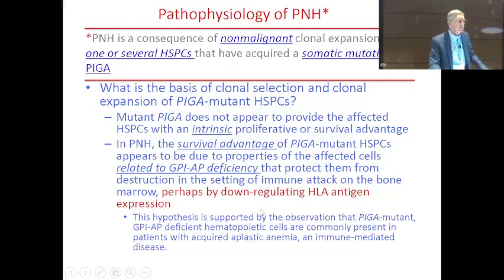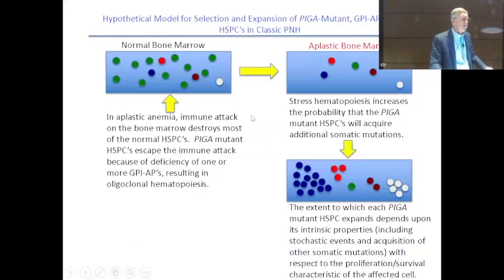So this hypothesis is indirect. There's strong indirect support for this, based on the observation that PIG-A mutant GPI-anchored hematopoietic stem cells are commonly present in patients with aplastic anemia, which is an immune-mediated bone marrow failure. And I'm going to illustrate this. This is the way I kind of conceptualize this process.